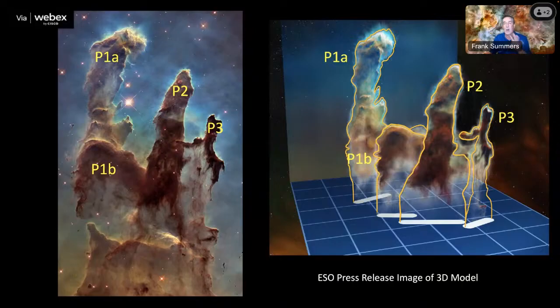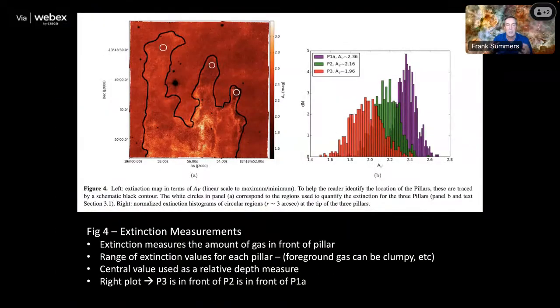All right, but what is going on here is in the paper, they're exploring various measures of the different pillars. And so this one is the extinction measurement, okay? So the deeper the pillar is inside the nebula, the more gas that's in front of it, okay? So if you've got a lot of gas in front of it, you have what's called a large extinction measure. And if you have less gas, you have a lower extinction measure. So they measured pillar 1A, pillar 2, and pillar 3. And they got this plot for the various pixels that they did this measurement on.